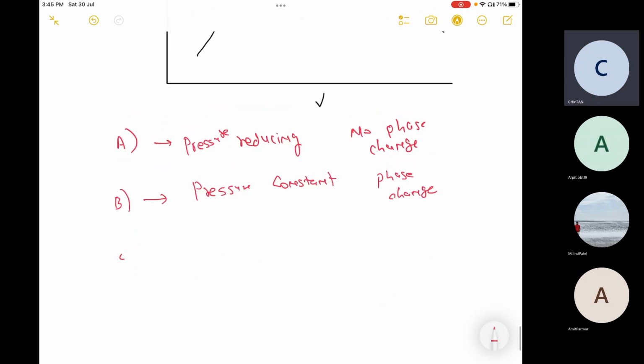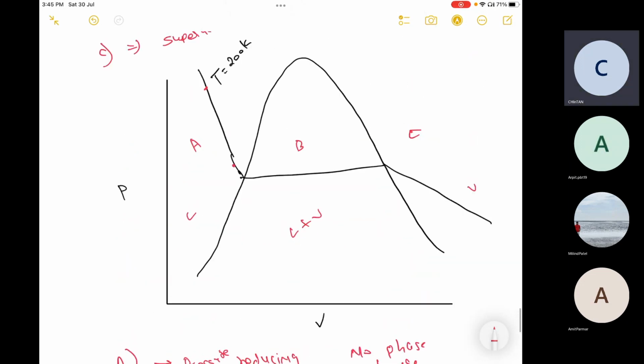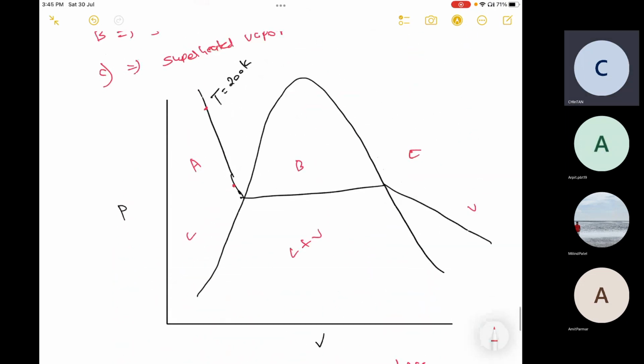And in C, we are reducing pressure and again no phase change. So these three observations we can observe.